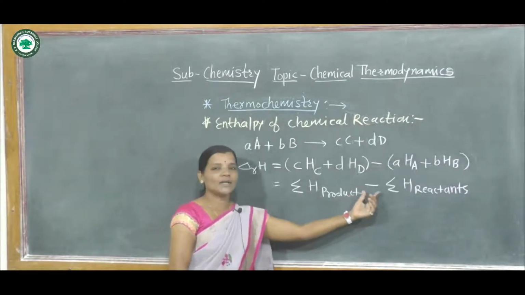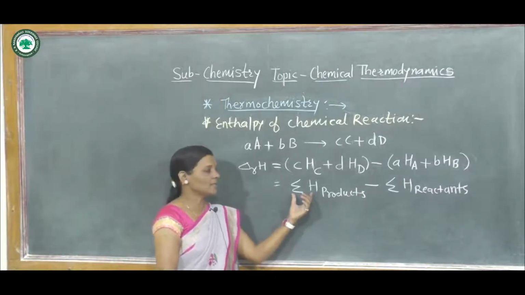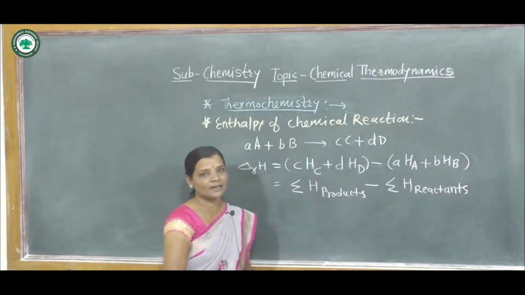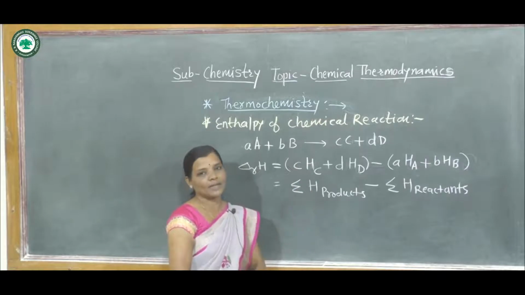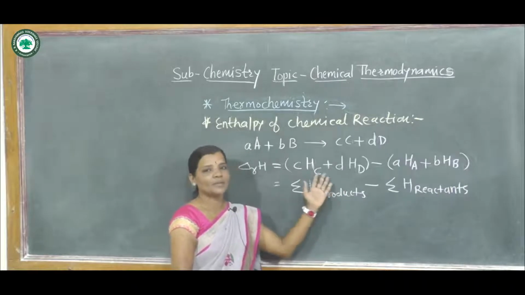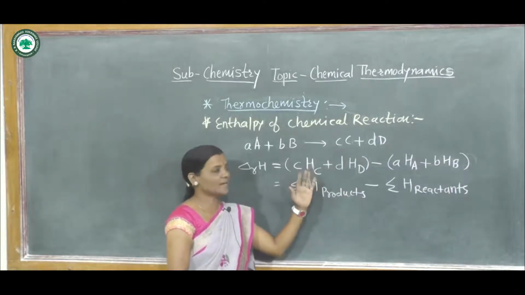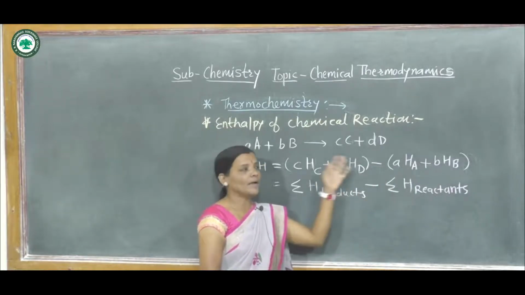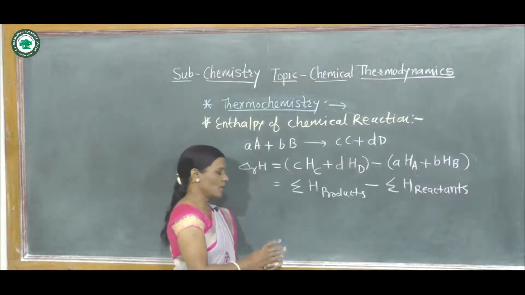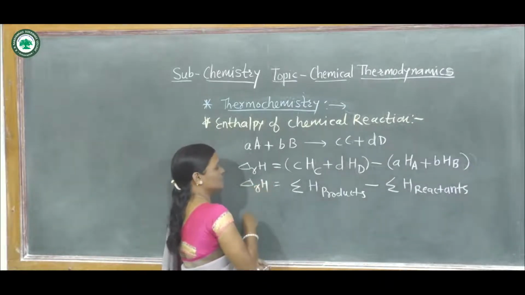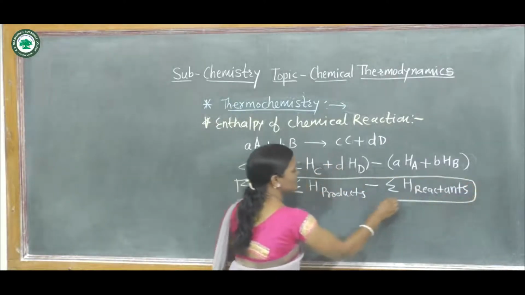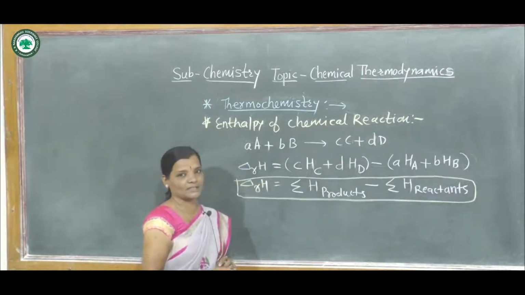It is the difference between the sum of enthalpies of products and the sum of enthalpies of reactants. How is that calculated? The summation of enthalpies of all the products is done, and that is subtracted from the sum of enthalpies of all the reactants, and that is given by the symbol ΔrH = sum of enthalpies of products minus sum of enthalpies of reactants.